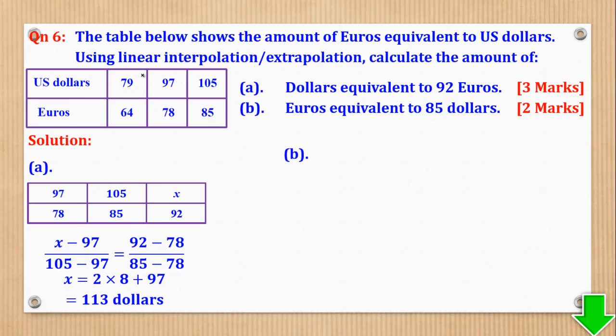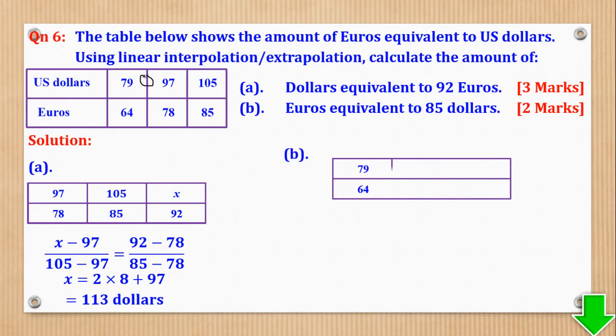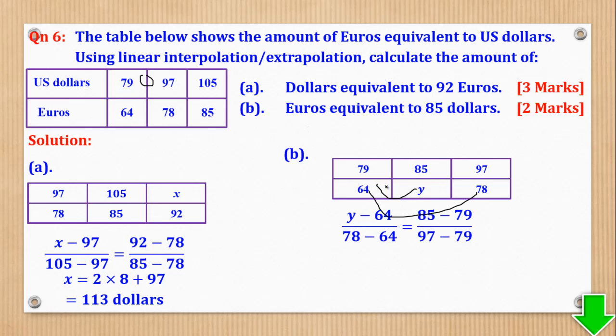This one is in between here, so we shall come and extract out the values, and also use either equating gradients or correct quotients. So correct quotients, it will be this minus this over this minus this is equal to this minus this over this minus that. Then make y the subject.